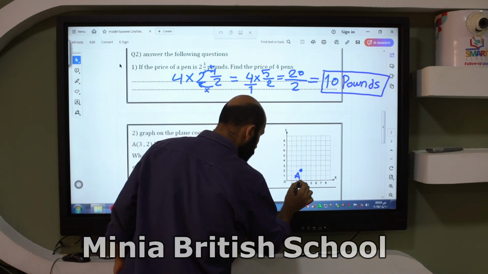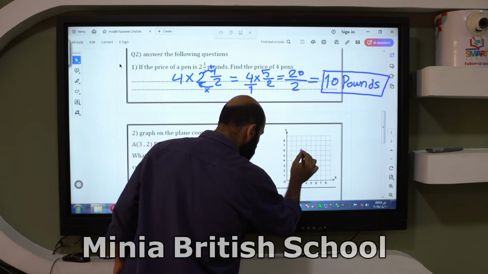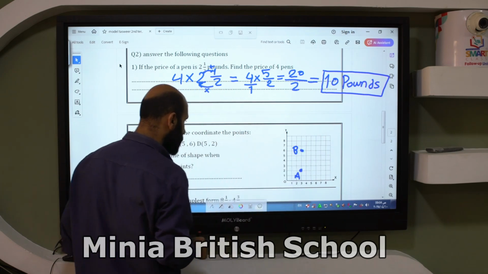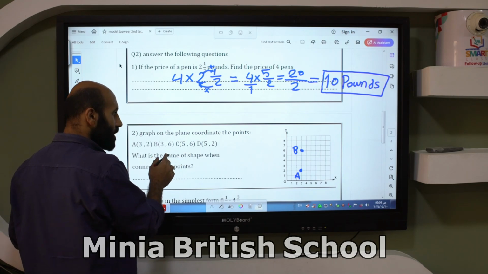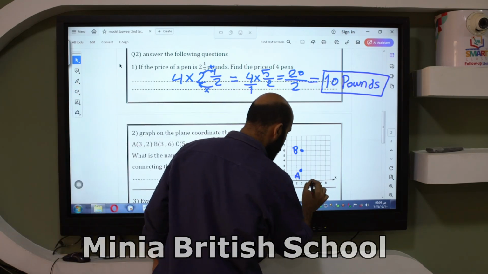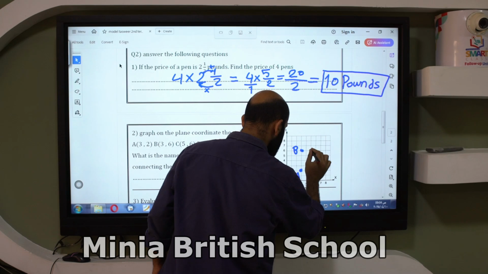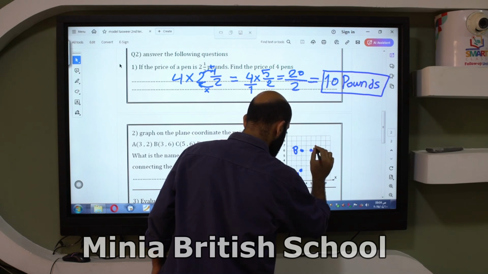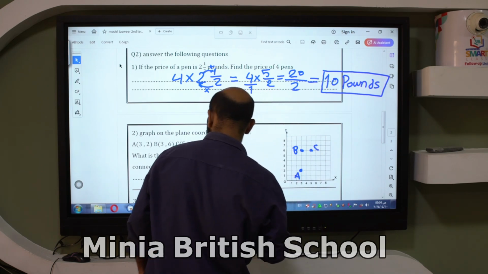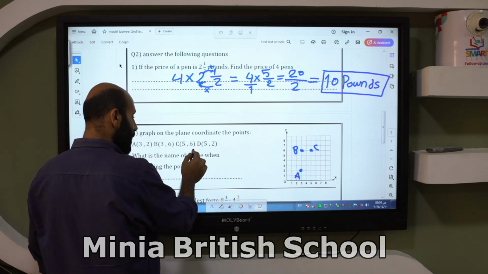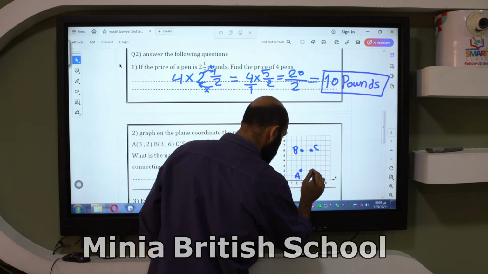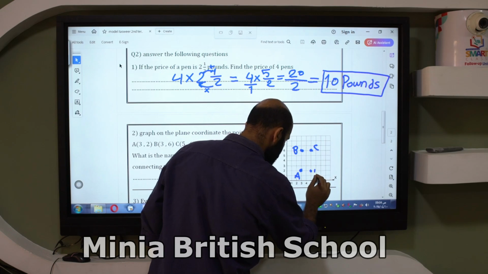Stand on 3 and go up to 6. Here is B. C, 5 and 6. Stand on 5 and go up to 6. This is C. And finally D, 5 and 2. Stand on 5 and go up 2. This is D.